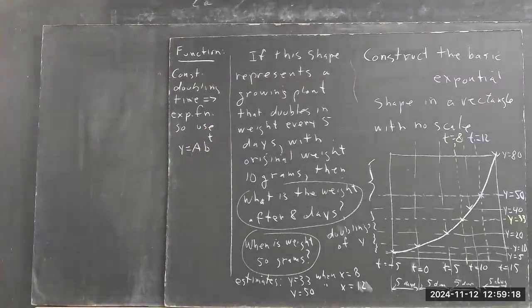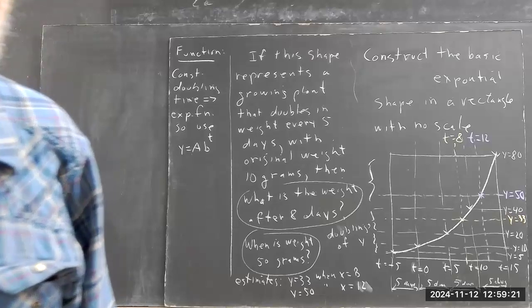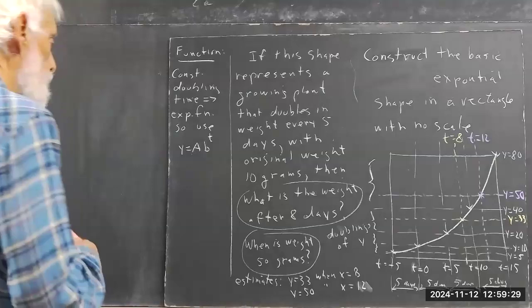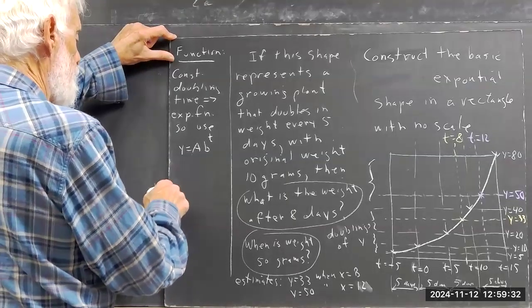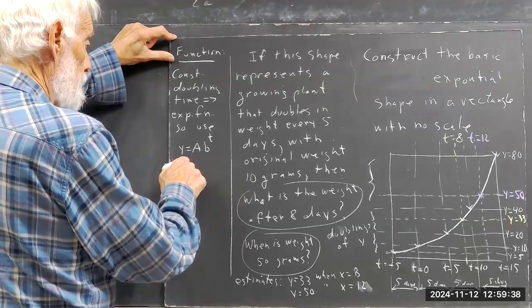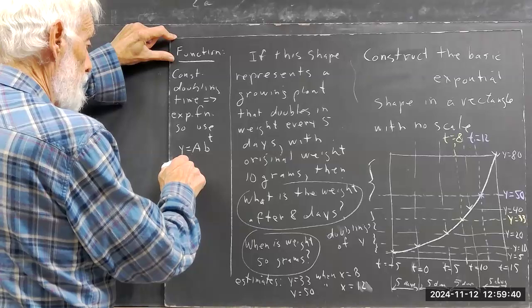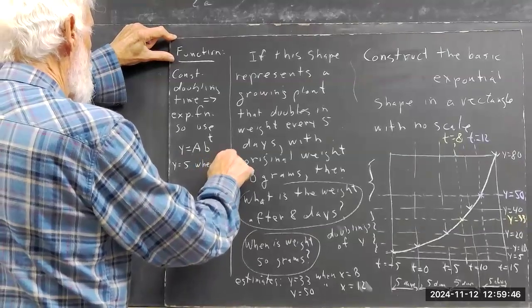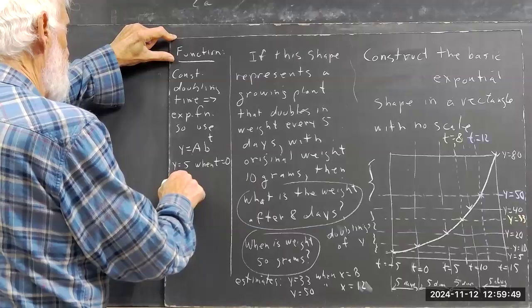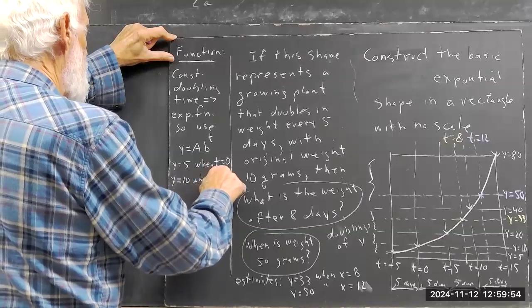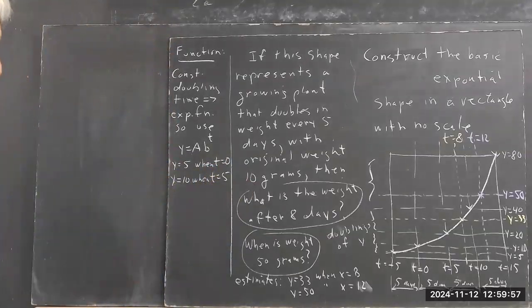So we're going to use y equals ab to the t. Y equals 5 when t equals 0. Y equals 10 when t equals 5.